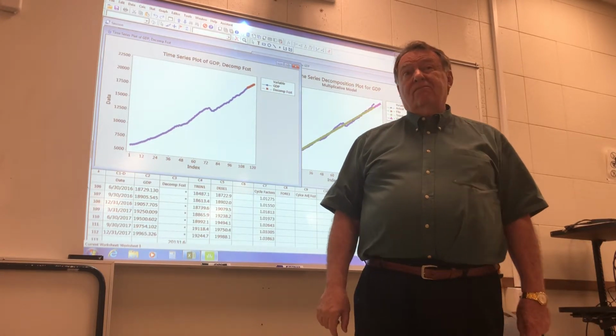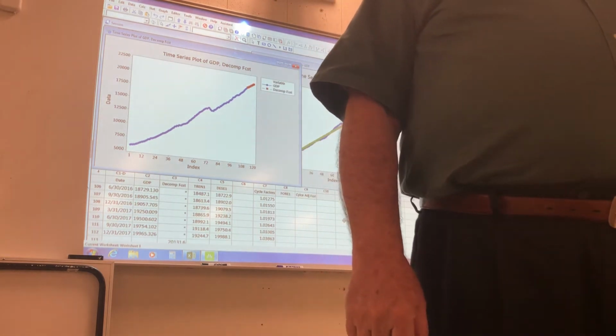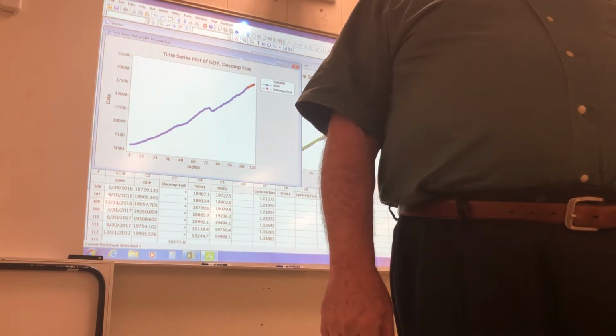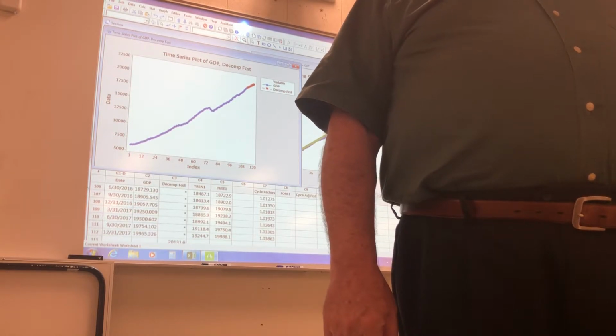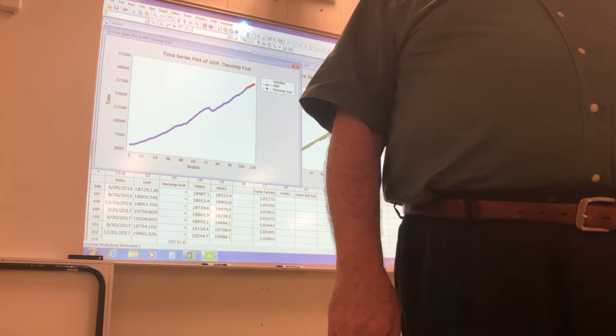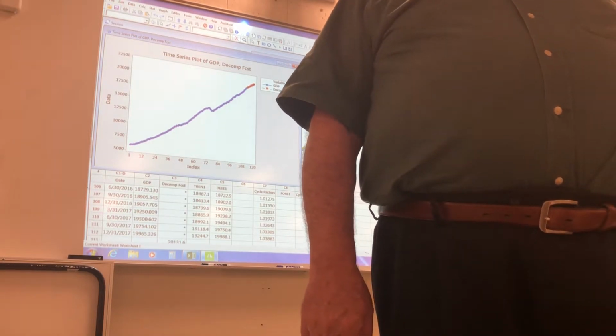Okay, I'm still confused on how you tell a bad forecast from a good forecast. Like here, would you choose the left one or the right one? Well, which one would you like to get up and explain to your boss? I don't know. The one that goes further than what it was before.